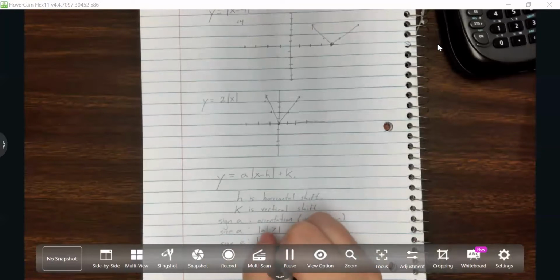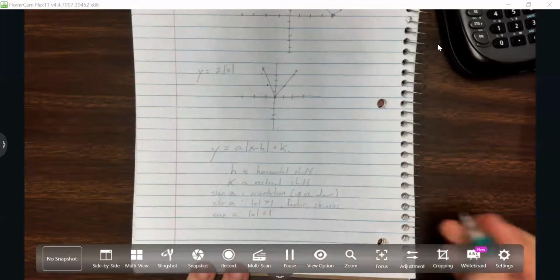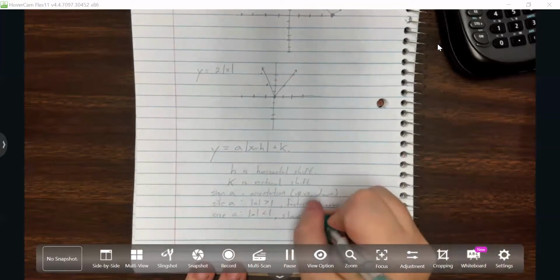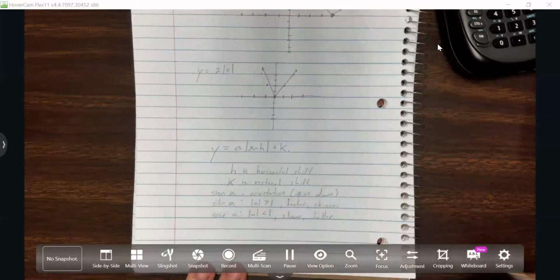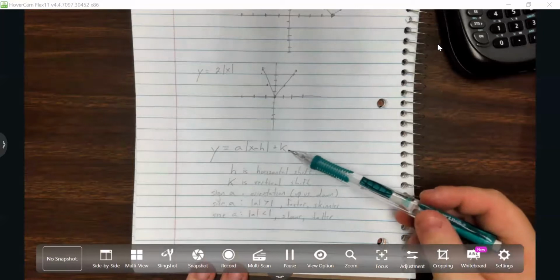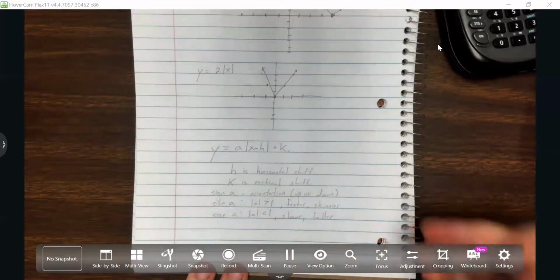If that value is less than 1, so if we end up with some fraction, say like a half or a third or something else, that's actually going to make it go slower, or the whole graph will end up fatter. So these are our basic ways of just looking at a formula and knowing what's happened to it. So we can use this to compare it back to the parent graph.